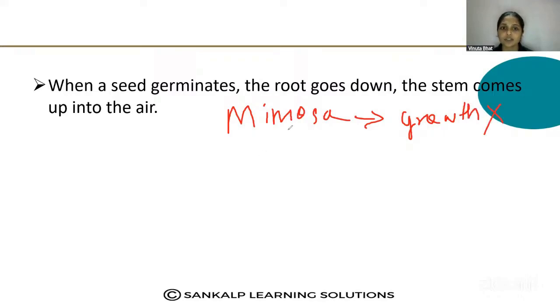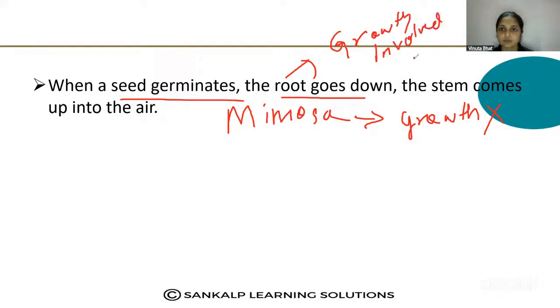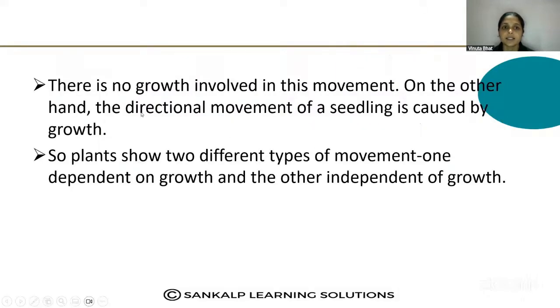In the case of seed germination and root growth, the movement involves growth. In the mimosa, there is no growth involved in the movement. On the other hand, the directional movement of a seedling is caused by growth.